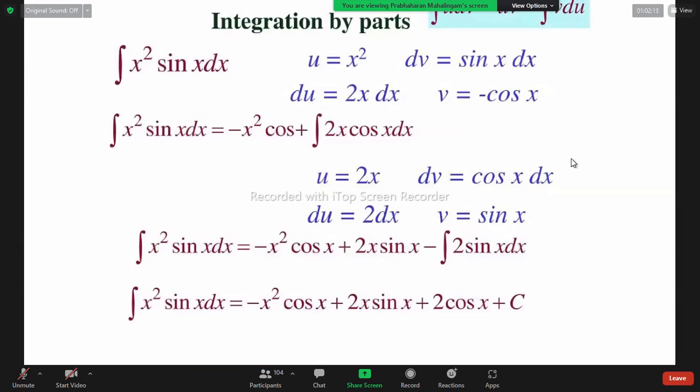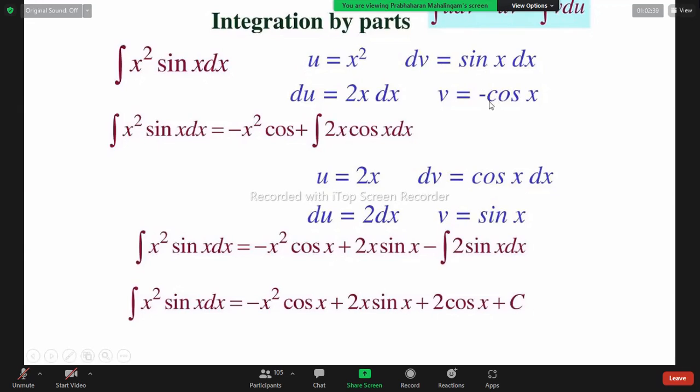This is very simple. You see here, x square and sin x. There are two different functions. sin x is one function, x square is another function, in multiplication. Then you take u is x square. I told you, whatever you assign, first you write the equation, then you assign. So assign, dv is sin x dx.